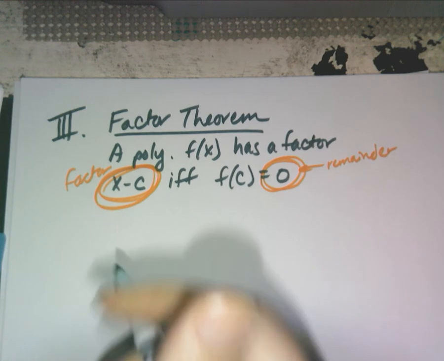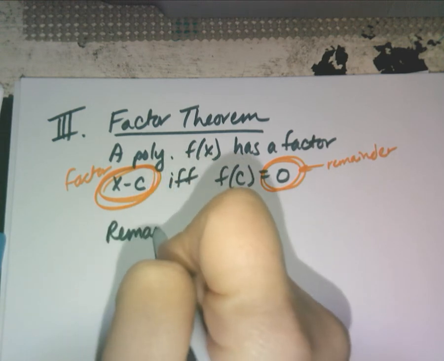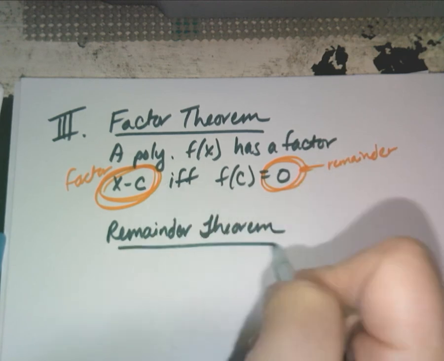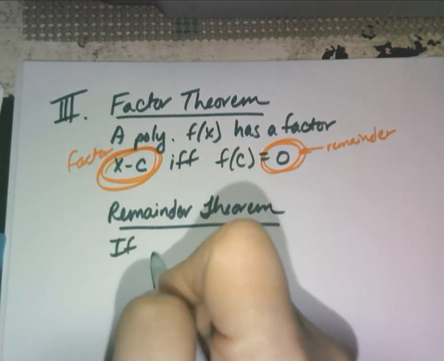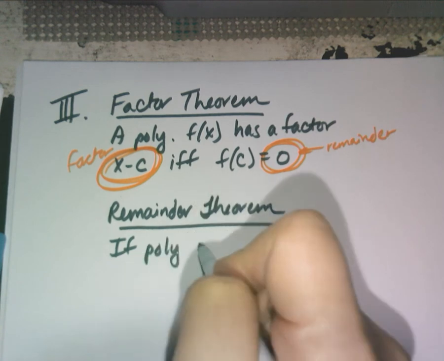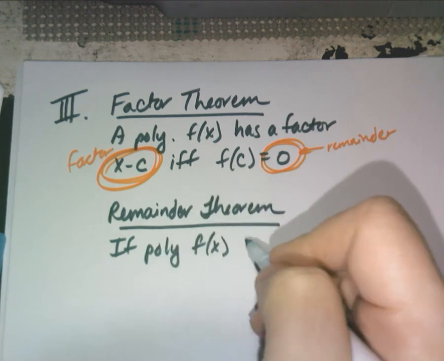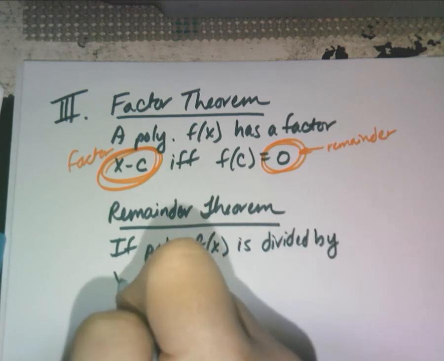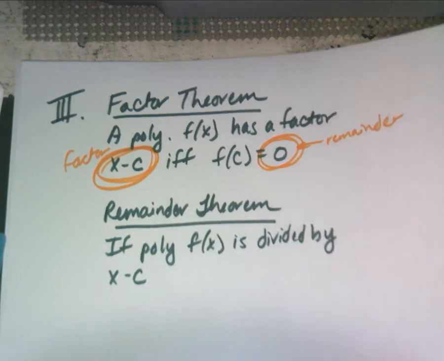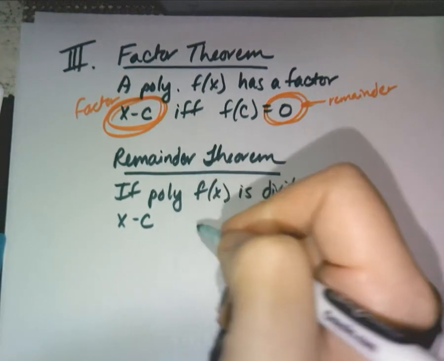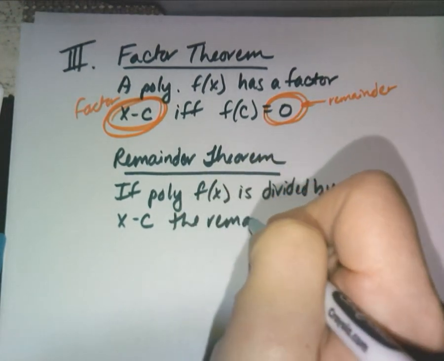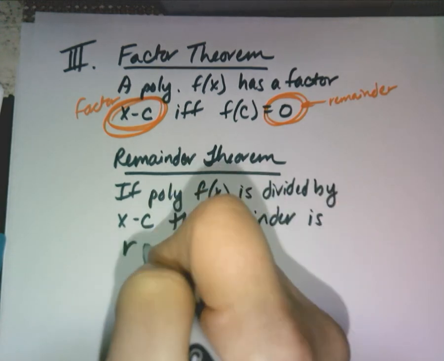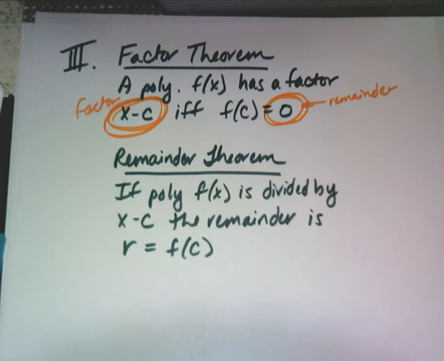The remainder theorem, oh my gosh, it's even cooler. Wait till you see this one. The remainder theorem says if a polynomial f of x is divided by x minus c, the remainder is r equals f of c.